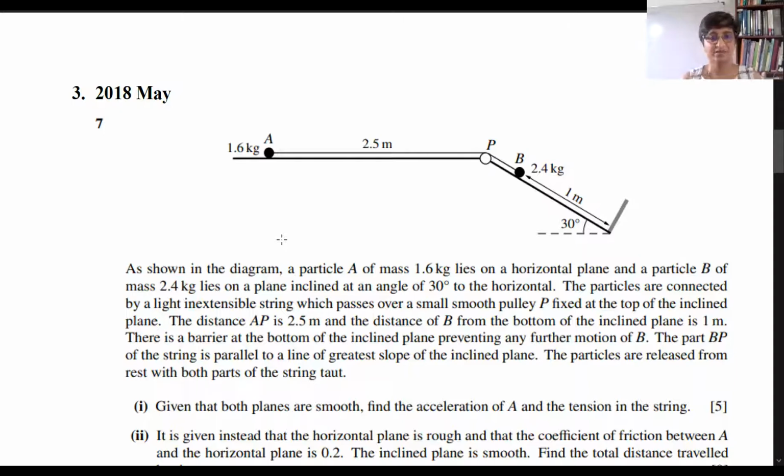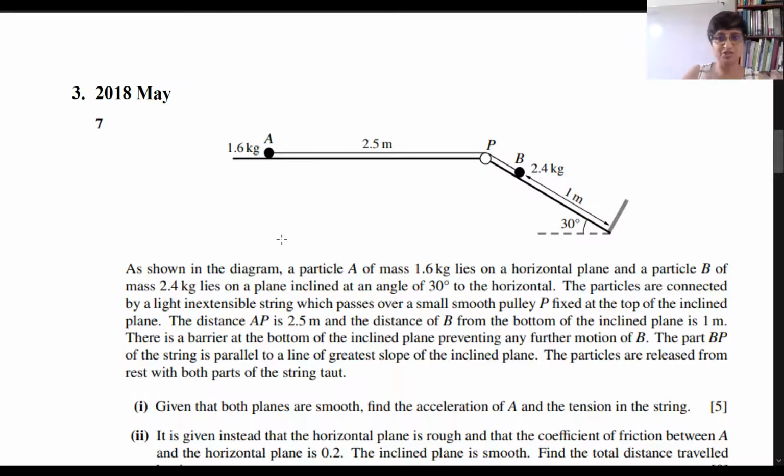So marking forces, and then in the direction of motion, F equals ma, and in any direction that is in equilibrium, the equilibrium conditions. That's all you need to apply. Then you will get a set of equations, and by solving those, you can find whatever they're asking. This is a summary actually.